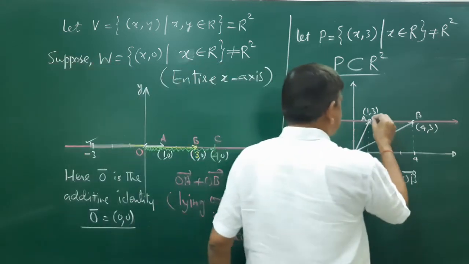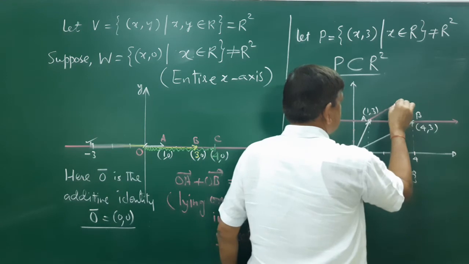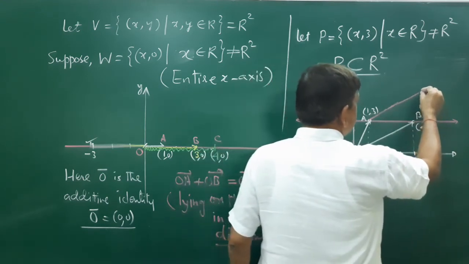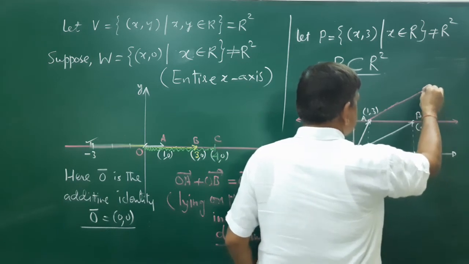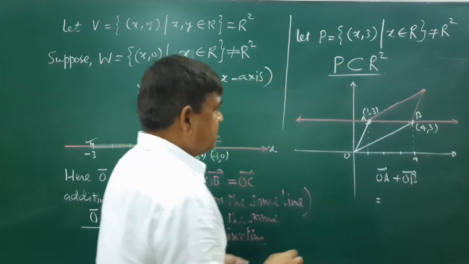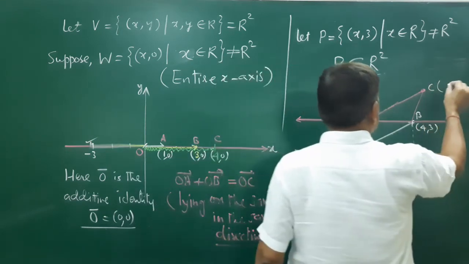But here you can say this point is suppose C. This is 5, 6.